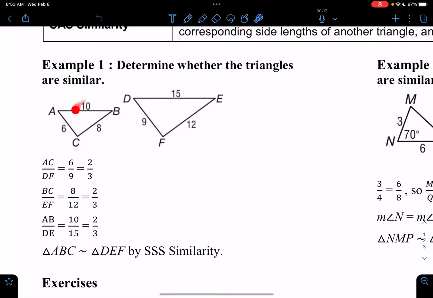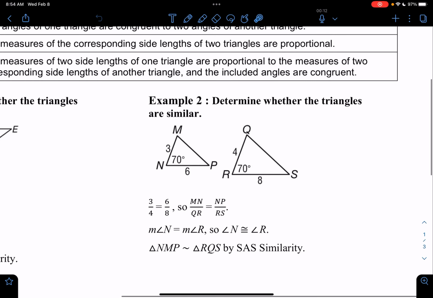Then you check 10 to 15 and see that these are proportional too. So now I can say triangle ABC is similar to triangle DEF. How do I know this? Because of SSS similarity. Remember, order matters. ABC similar to DEF.